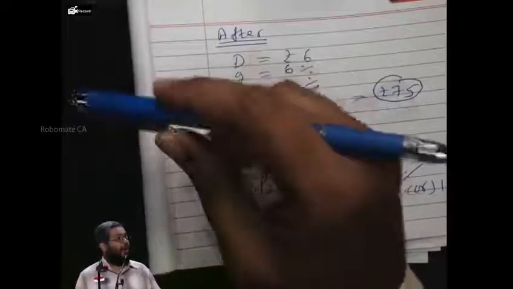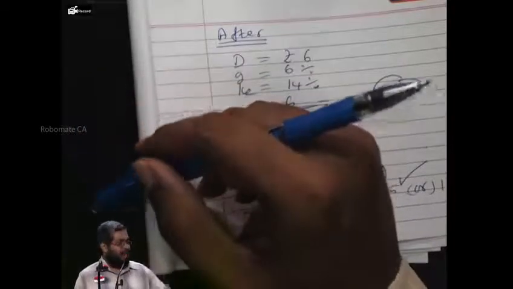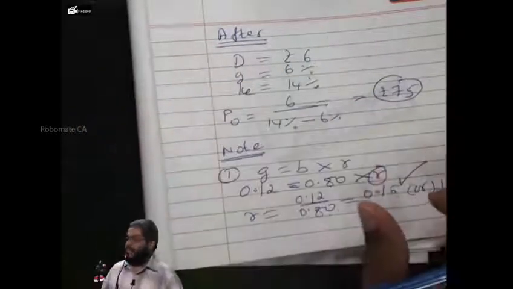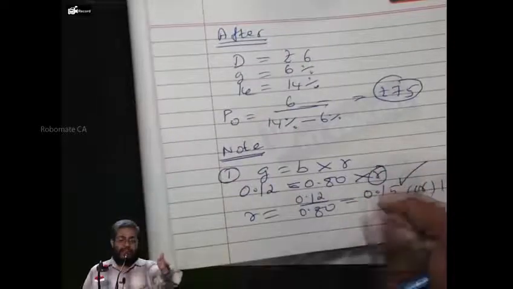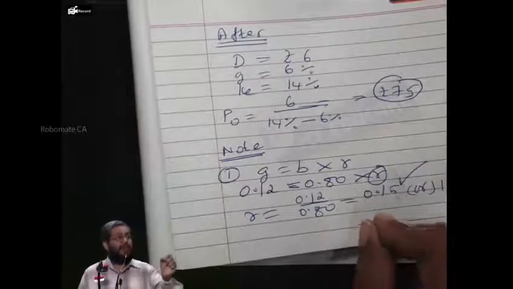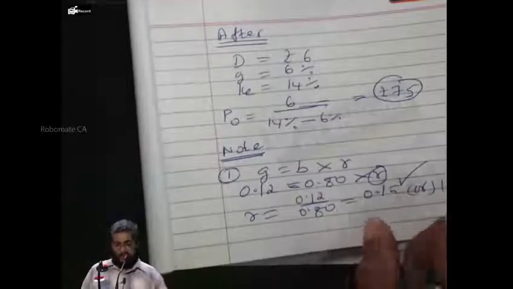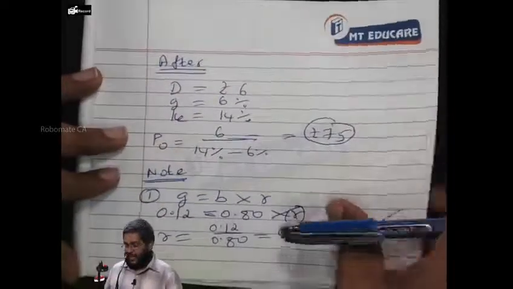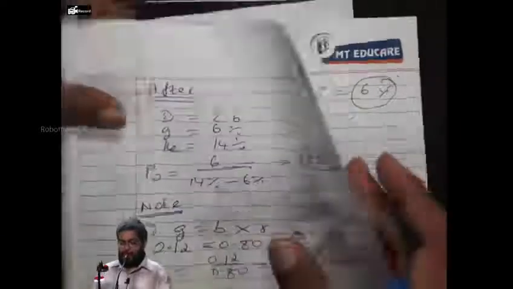Suppose they continue to follow 80% retention and 20% dividend policy. What happens to the share price? In that also one important discussion is going to be made. Let's do the calculation. Write down part D.